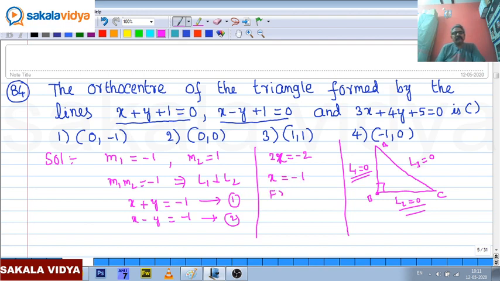From equation 1, -1 plus y equal to -1, so y equal to 0. Therefore, orthocenter H is equal to (-1, 0). Fourth option is the right option.